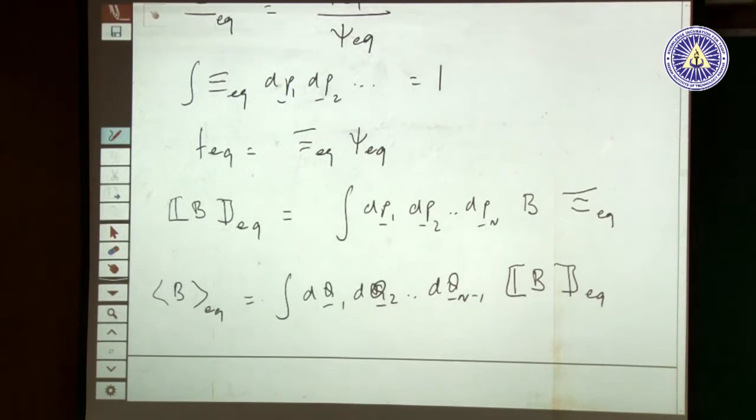So, in other words, you first integrate B with regard to the momentum variables and then define this average, and then integrate out the dependence on Q, right.